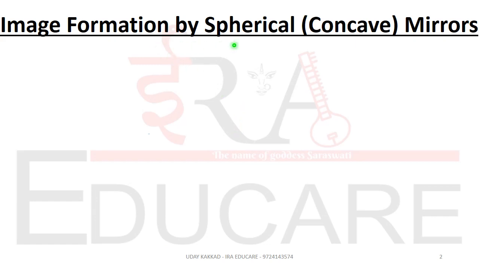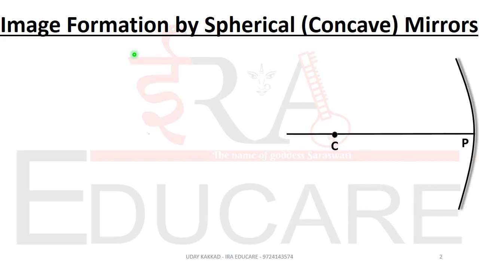Image formation by spherical mirror. For that we need a minimum of two rays, right, to form an image. So let's start with the first ray. A ray is passing through the C, the center of curvature.